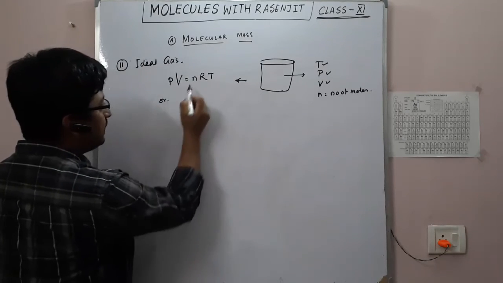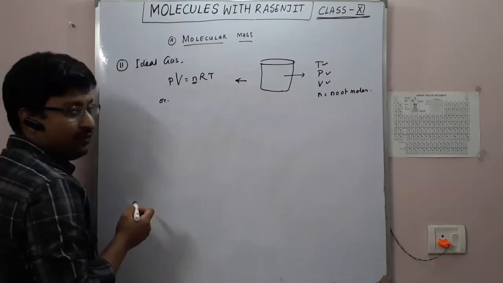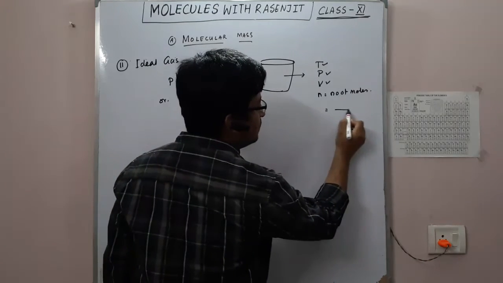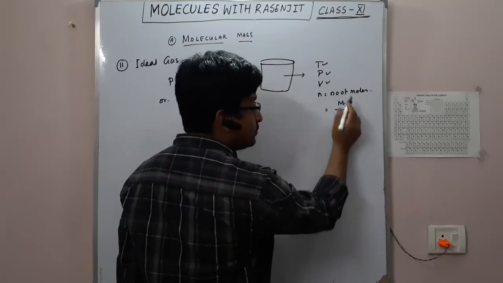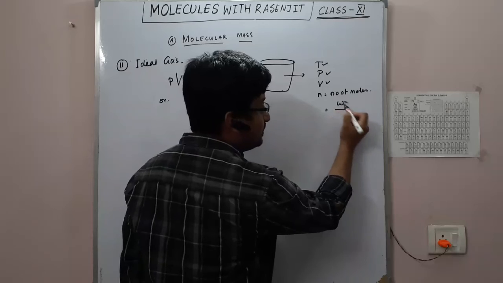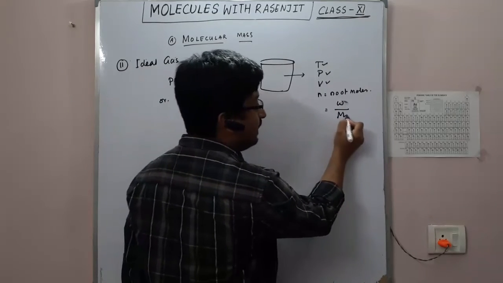What is the definition of mole? n is basically w, the weight of the substance, divided by M, the molar mass.